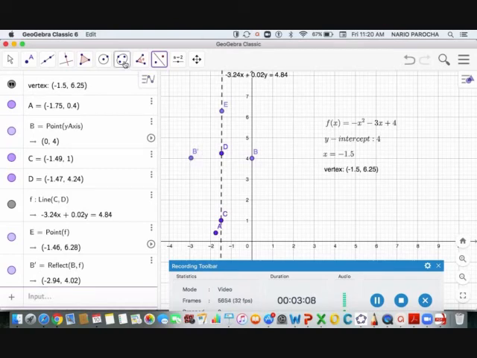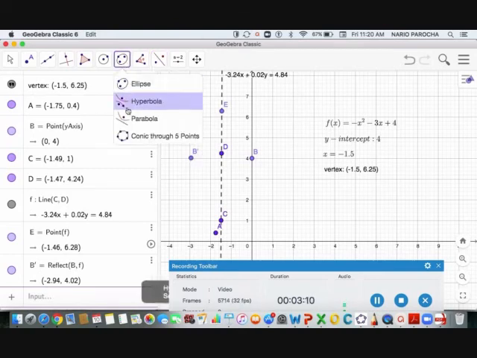A parabola is a conic. I could use this tool, but we need 2 more points. To determine another point, we could assume a value for x.